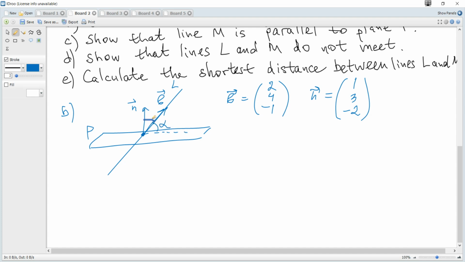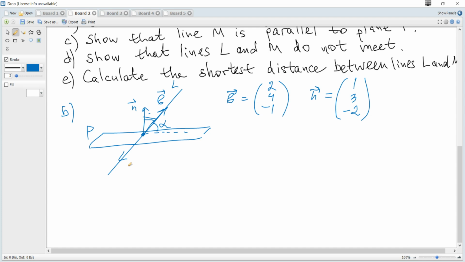But since we know two vectors, we can apply the dot product to find the angle between two vectors. In general it may be in this direction. If I would find, for example, 150, I understand that when two lines intersect there are two angles which add up to 180.